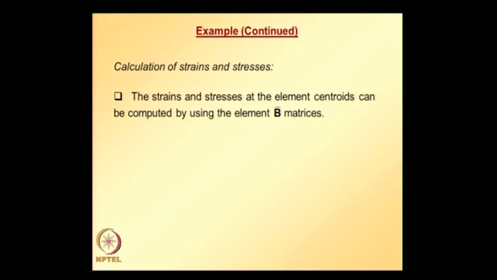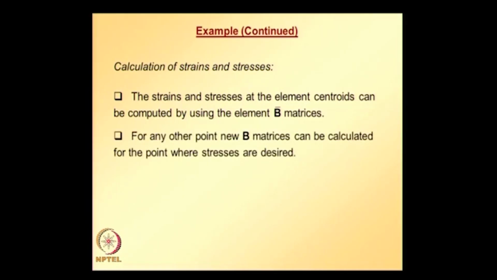Strains and stresses at the element centroid can be computed using the element B bar matrix that we already have, because we evaluated the strain displacement matrix at the element centroid. But if somebody is interested in some other point, a new B matrix needs to be evaluated first before we calculate stresses and strains.